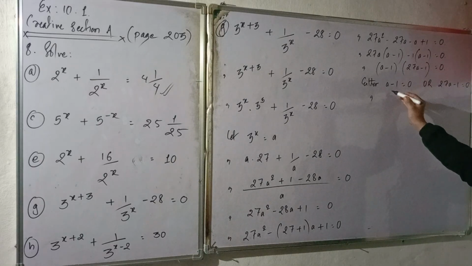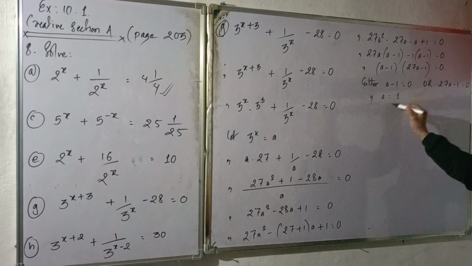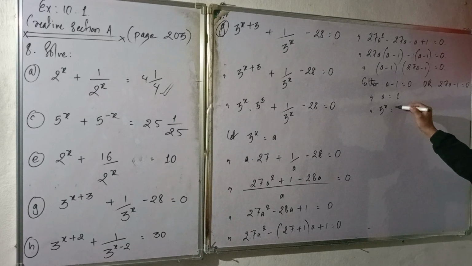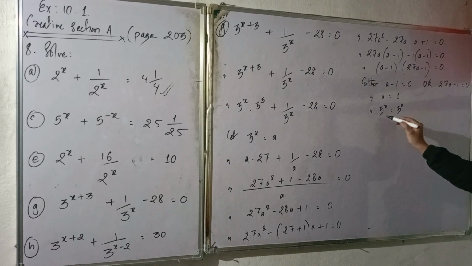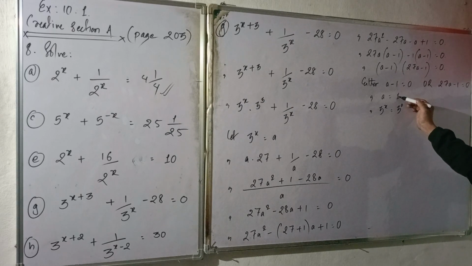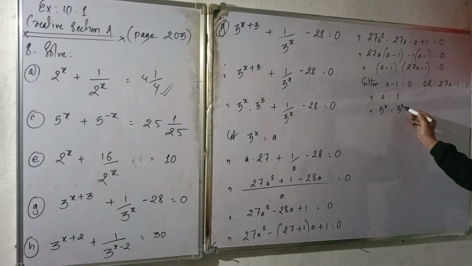Now on further simplification, first a is equal to 1. Now replace the value of a by 3 power x. Now 3 power 0 will be 1 here. So try to make this base same. 3 power x equals 3 power 0, since if any number has power 0, it will be 1.